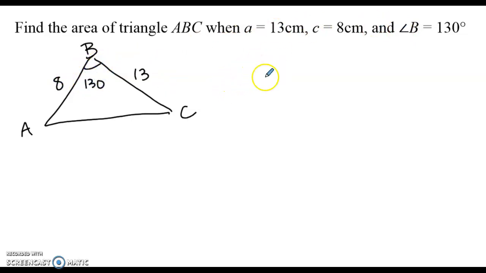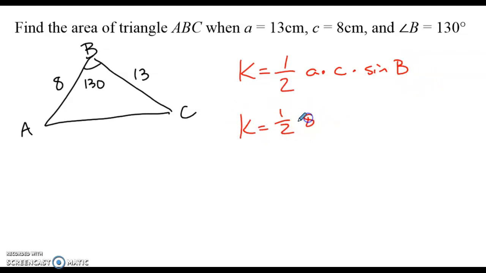All I need to do is plug it into the formula for area. K is 1/2 of the sides I know this time, which are A and C, and the angle in between them is angle B. So I plug in 1/2 times side length A, which is 13, times side length C, which is 8, times the sine of 130 degrees.